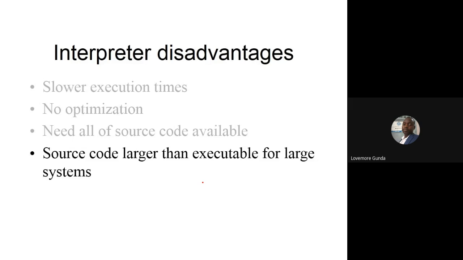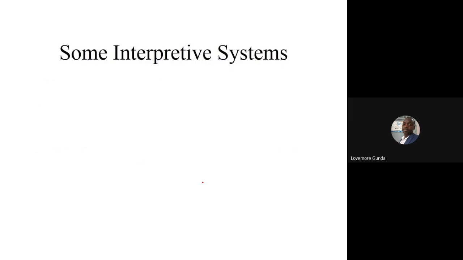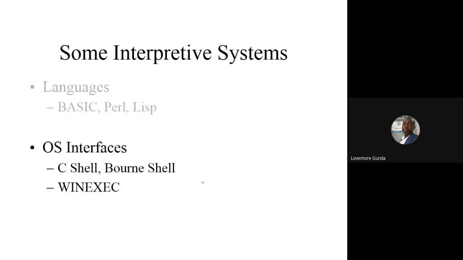And the source code is larger than the executable for larger systems, right? Some interpretive systems are BASIC, Perl, and Lisp. Then operating system interfaces, C shell, Bourne shell, Linux, those are also interpretive systems. That means they use interpreters, not compilers.